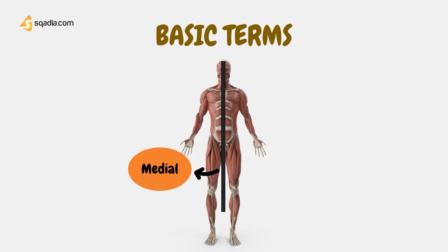For example, the inner thighs are closer to the midline of the body. The term opposite to medial is lateral, which refers to the structures which are present away from the midline or center of the body. For example, the outer thighs are lateral to the body as they are present away from the midline.